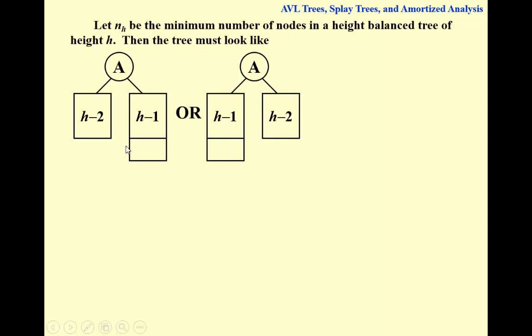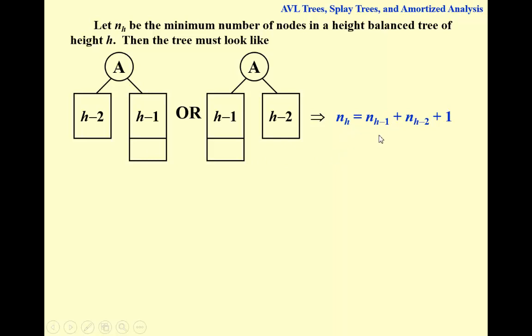Then what is the relationship between the total number of nodes and the number of nodes in its subtrees? We have this recurrence equation, right? So n sub h is the total number in this tree, is 1, that is the root, plus the smallest number in one subtree plus the smallest number in its other subtree.